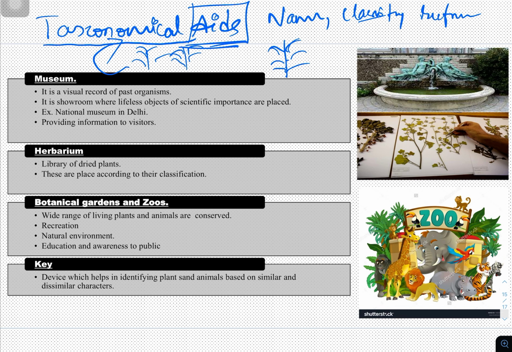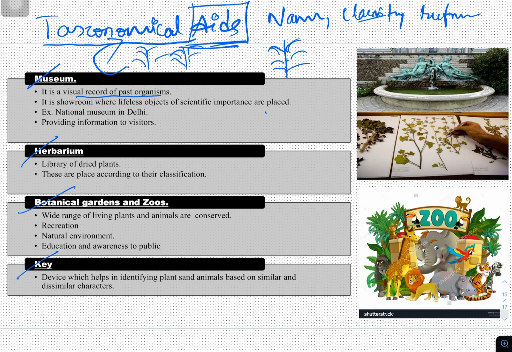So in our syllabus, there are 4 taxonomical aids. The first one is museum, the second is herbarium, the third is botanical gardens and zoos, and the fourth is keys. Museum is a visual record of past organisms.